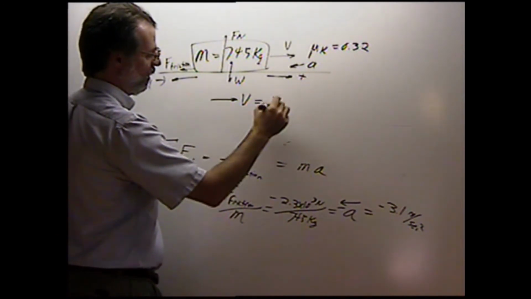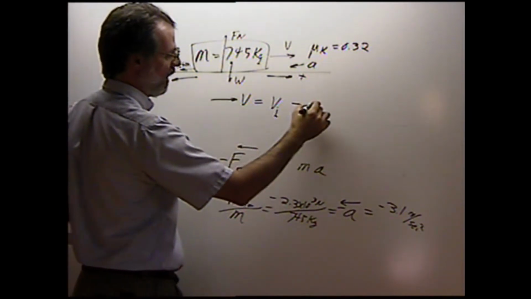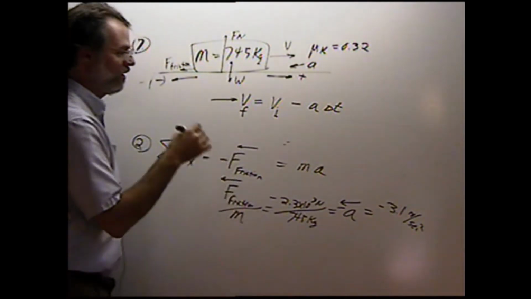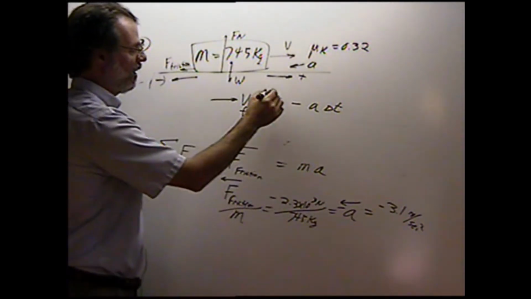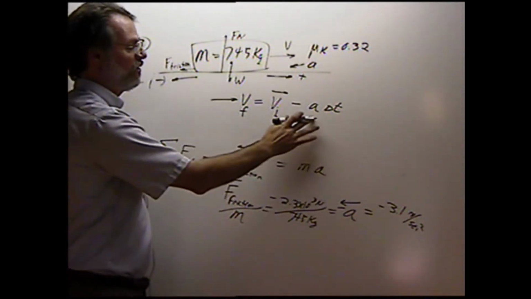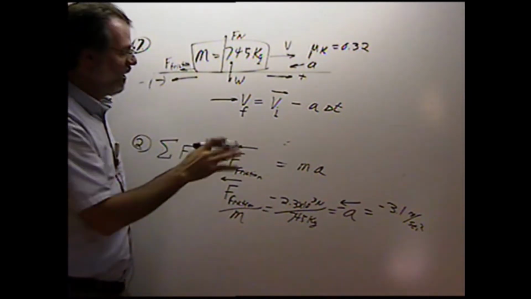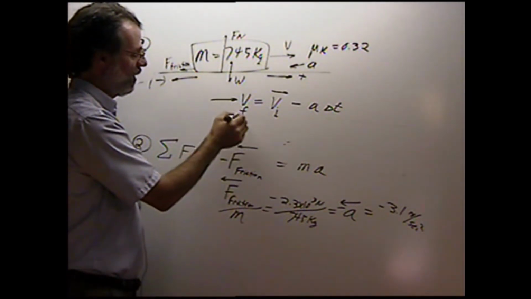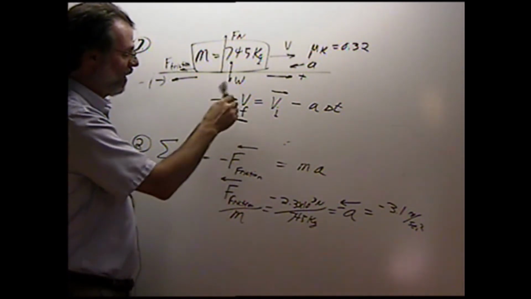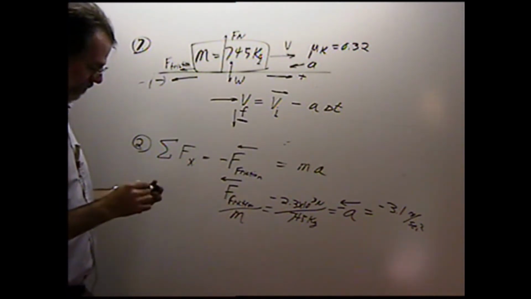And let's say we have the initial velocity, but there's a minus acceleration times delta t. So right now the velocity is a certain velocity, but it's slowing up. There's a de-acceleration going on. The friction is applying the brakes, and so over time the object will eventually come to a stop because the velocity is going down. Okay?